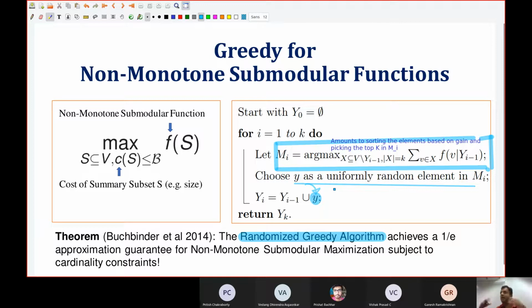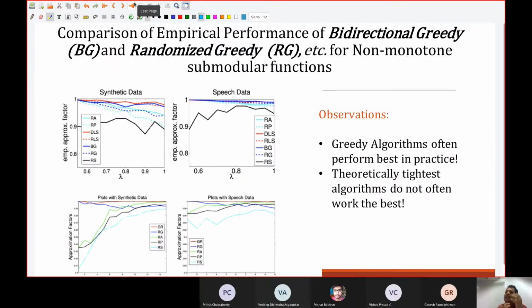Now grow your set. Now after adding y_i, of course all the other conditional gains would have changed. It's not monotone. Okay, so this is called randomized greedy. Now you're getting a flavor of randomization. There are many flavors, so we will not get into all of them. We'll show some examples.